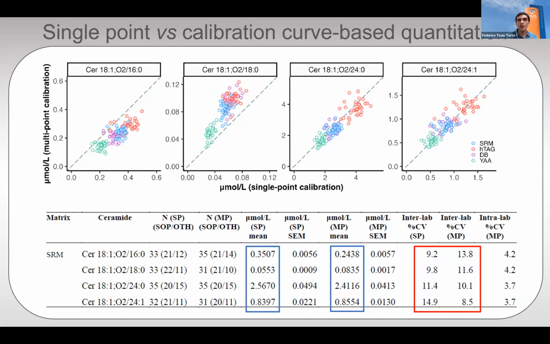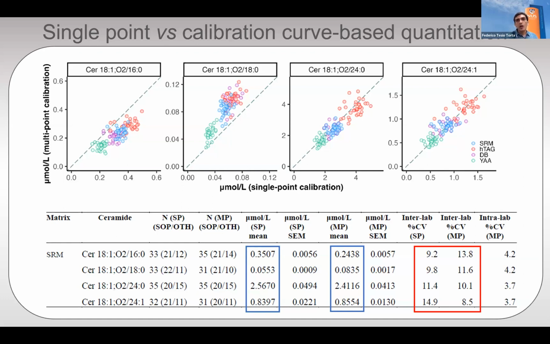For example, in the case of ceramide 16, we saw a 1.4-fold higher concentration for single point when compared to the multi-point calibration. And the opposite was true for ceramide 18:0.